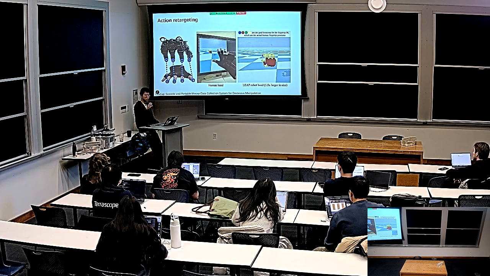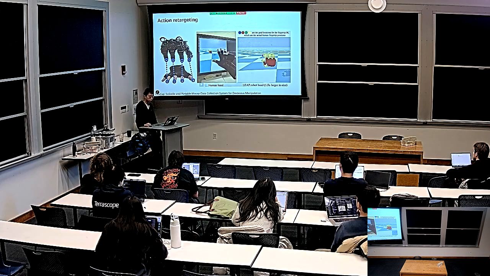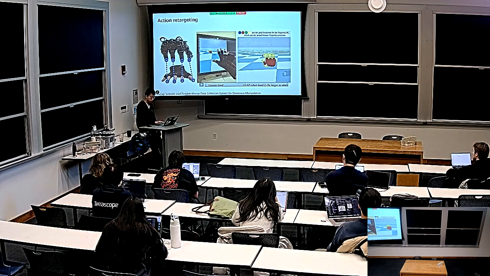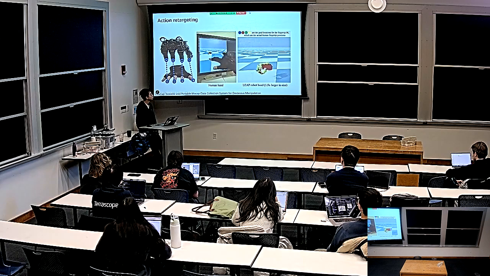Then just by computing the relative distance between each corresponding joint, we can compute the robot kinematics through inverse kinematics. Here is an example of how we can get the robot action from a human hand action.